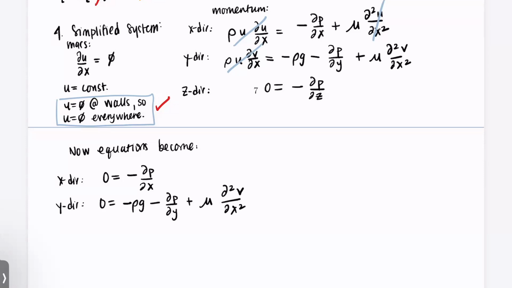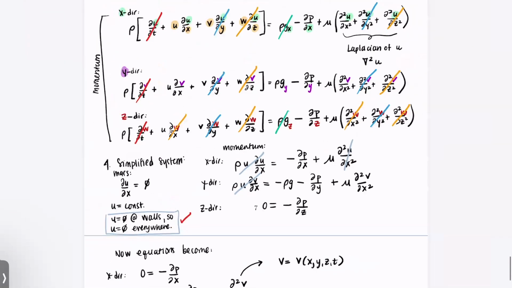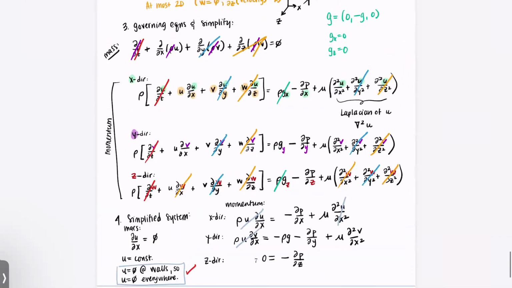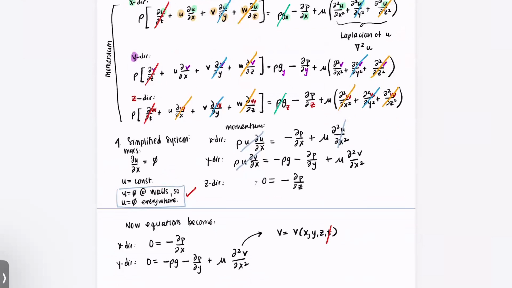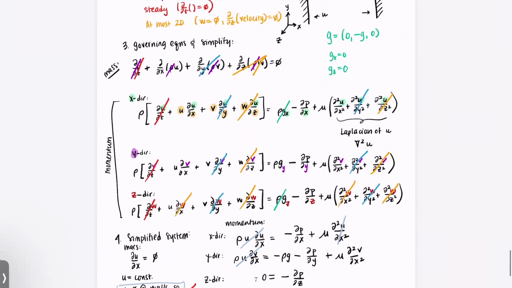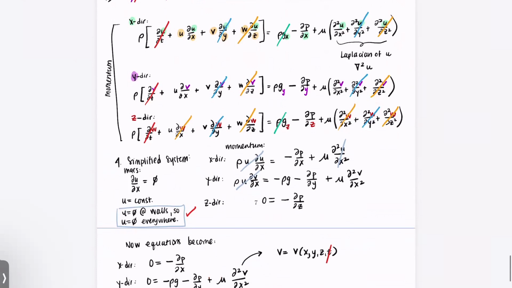I want to take a little segue on this partial derivative. v can be a function of x, y, z, and t. Those are all the variables it could depend on, in general. But we have said that this flow is steady, so it's not going to depend on time. We said that the flow is 2D, so it doesn't depend on z.